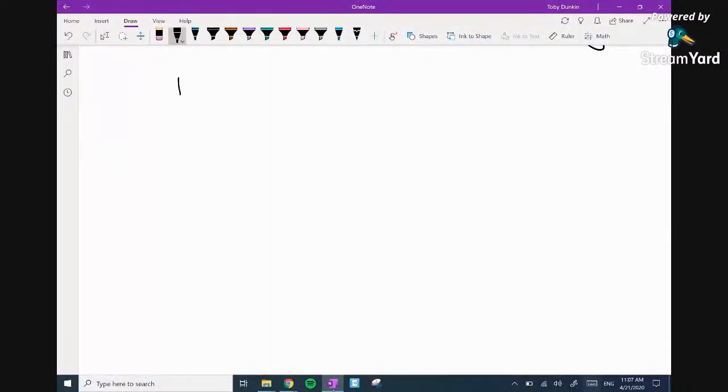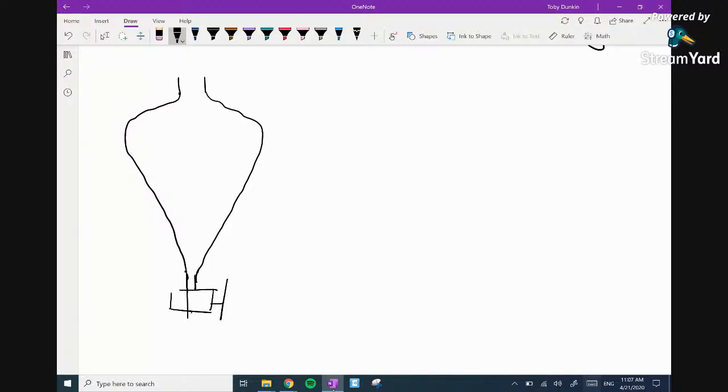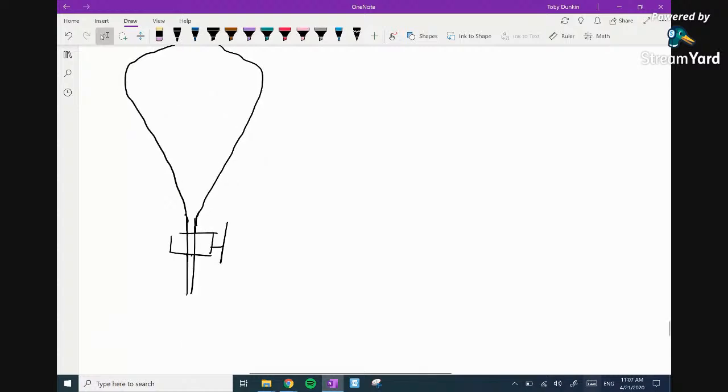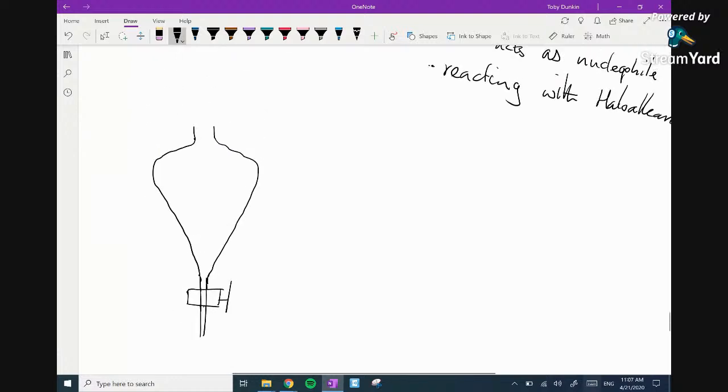Let's draw a separating funnel, and that then goes to a tap. I don't like the fact that it's going through it, but there's a separating funnel.